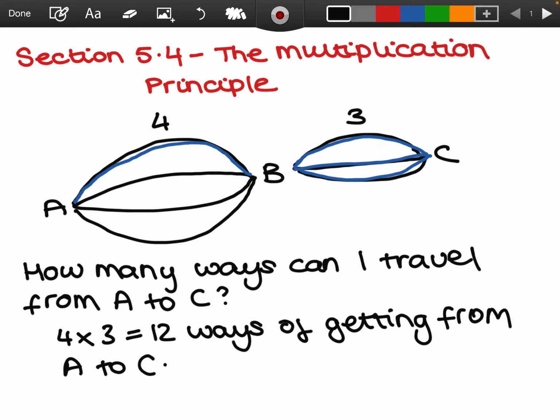So we can see that we have 4 different paths from A to B and 3 different paths from B to C, and you can actually trace out all 12 possible paths that you could take, whether you took the first path from A to B and the first path from B to C, or I could take the third path from A to B and then the first path from B to C. You can trace out all of these 12 different ways of going from A to C. So I would highly recommend, just to see what's going on, to go ahead and draw the graph.